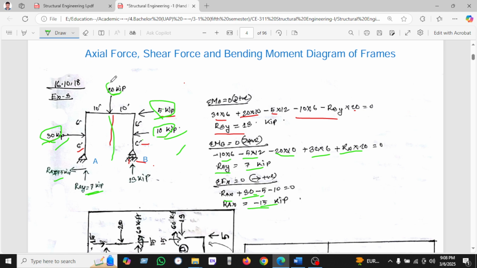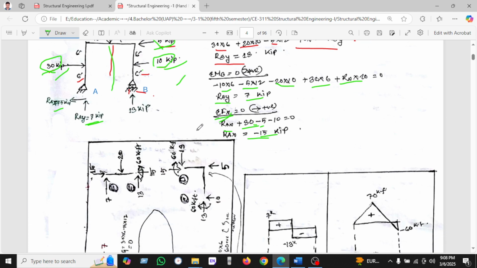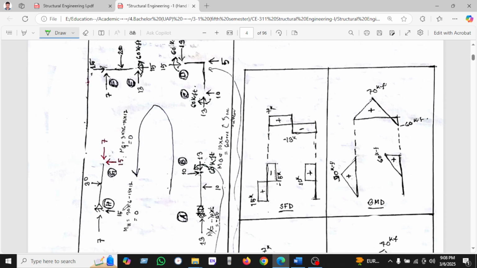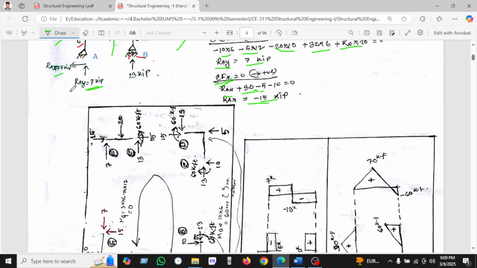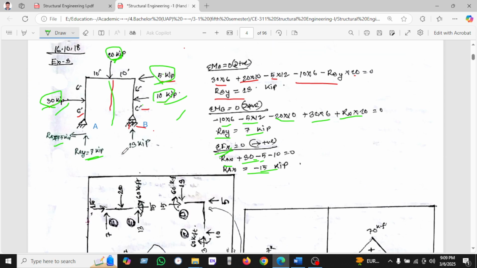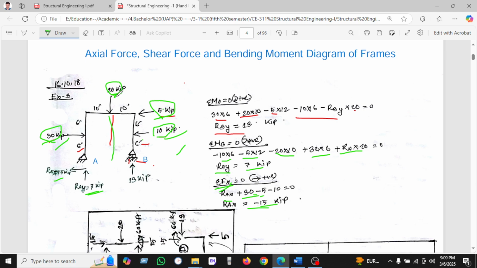We are not taking the 20 because we are just taking the x-axis, as we have seen the 20 is on the y-axis. Okay, so let's start. We have found here 7, here 15, here 13. We have found three loads, and the other loads we have seen here: 20, 30, 5 and 10.